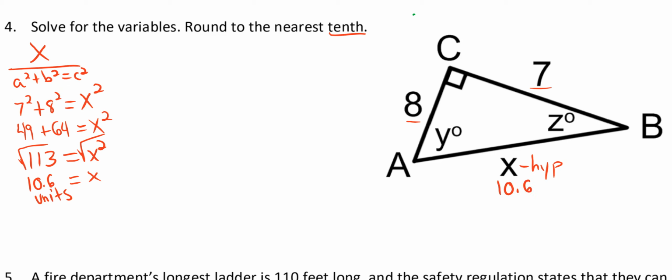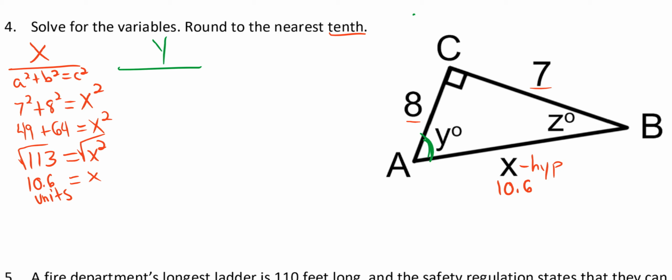So next piece, now we have to solve for y and z. Again, let's just stick to alphabetical order, so let's look at y first. Y on this one is an angle. To solve for an angle, we need to use our right triangle trig since we don't have the other acute angle. Remember, right triangle trig, same 4 steps every time.